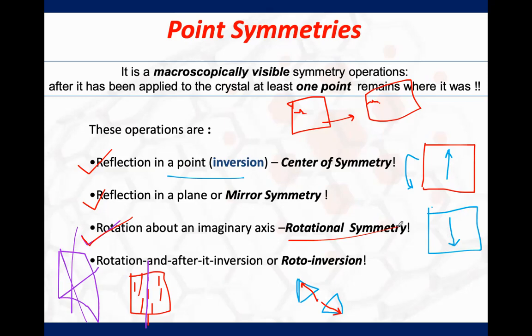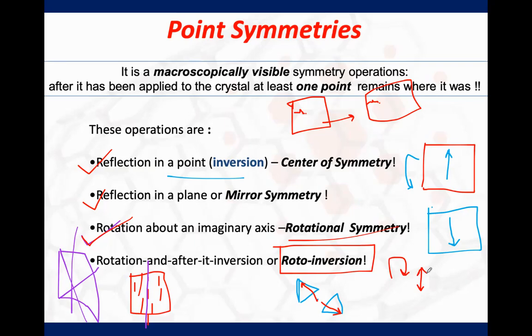And a combination of rotation and inversion is called roto-inversion. Once you rotate and then make it inversion, upside down, in that case also you will see a kind of symmetric operation.